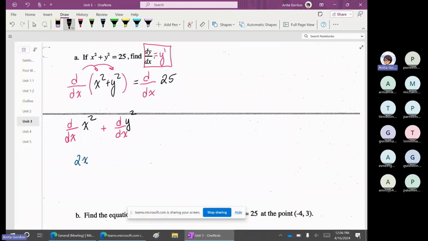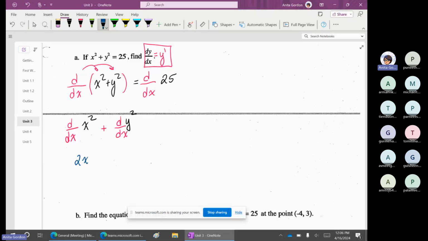Now, y is a variable, but it is a function of x. So we treat this kind of like a chain rule. We need to take the derivative of y and then implicitly, knowing that it is a function of x, also take the derivative with respect to x.